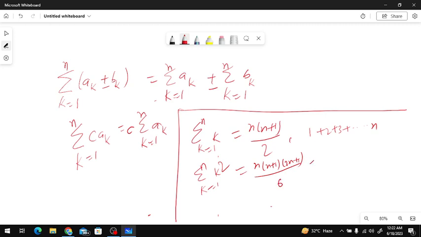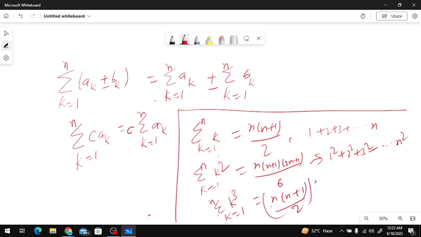This number is like 1 square plus 2 square plus 3 square, till n square. Similarly for cubic terms, k starts from 1 to n, the sum of k cube is n into n plus 1 divided by 2, and the whole squared. So we understand this as 1 cube plus 2 cube plus up to n cube.